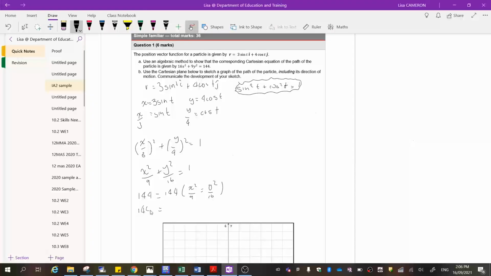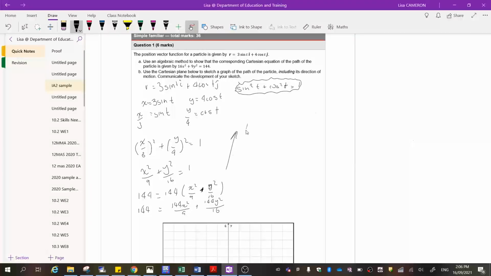If we open up the brackets, we'll have 144x squared over 9 plus 144y squared over 16 equals 144. My writing is terrible, sorry. Now, we simplify these fractions.